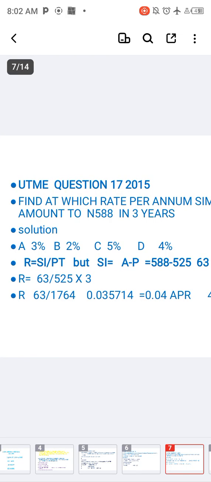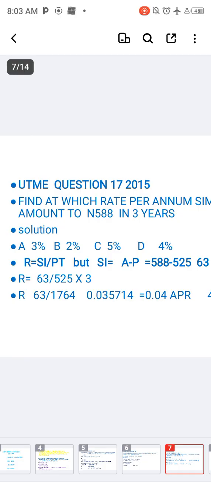What they ask us to find is the rate. We know the formula for finding the rate: R is equal to simple interest over principal times time.